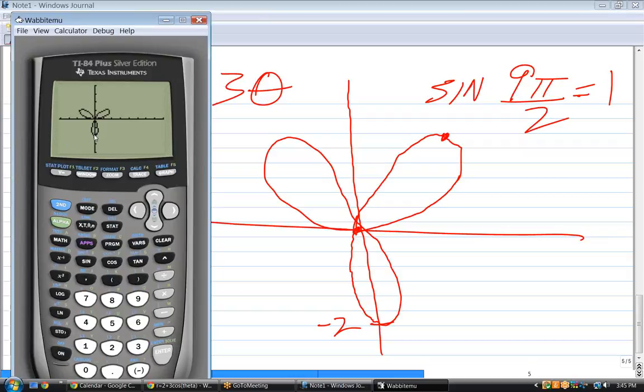So this point right there doesn't come at 3 pi over 2. In other words, the sine is equal to minus 1 at 3 pi over 2.